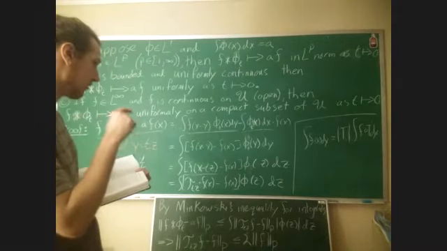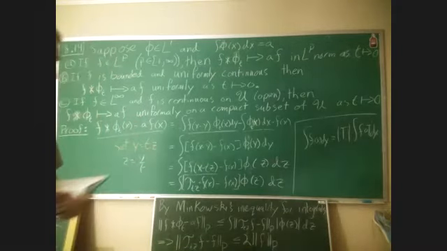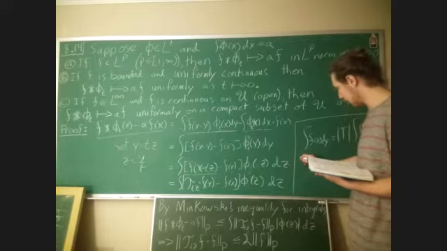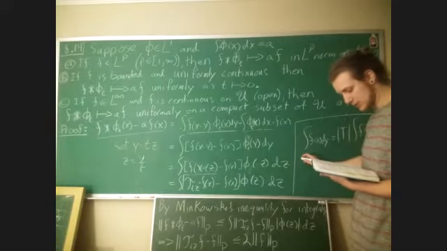Now at this point we need a second identity. It comes from chapter 6.3. It's not one that we covered in class, but it's called Minkowski's inequality for integrals.